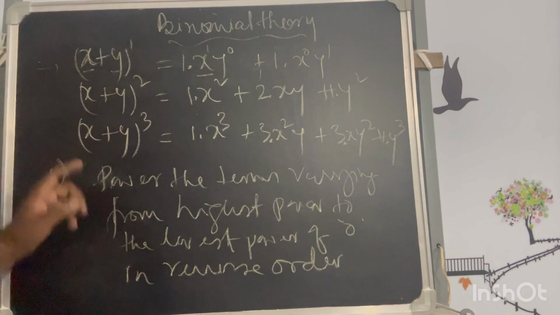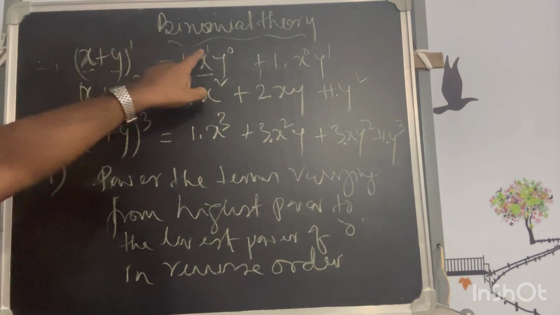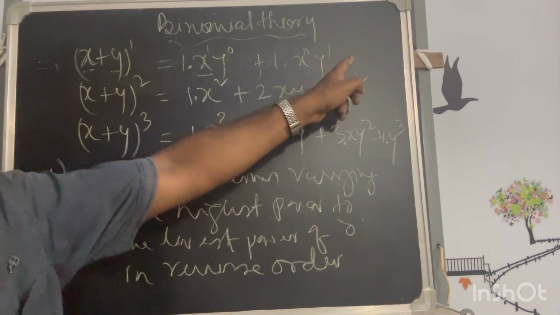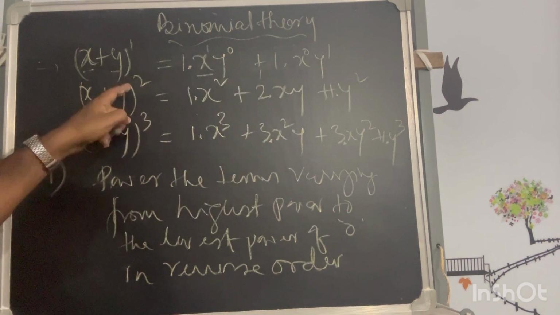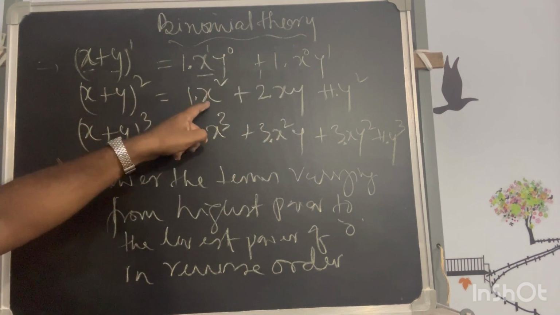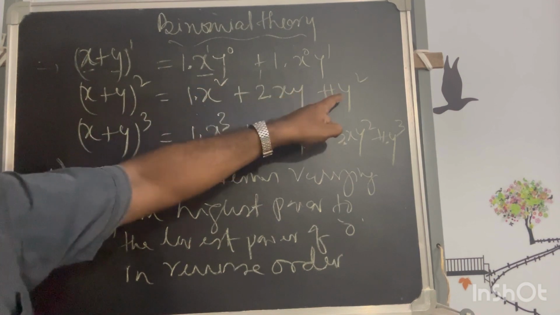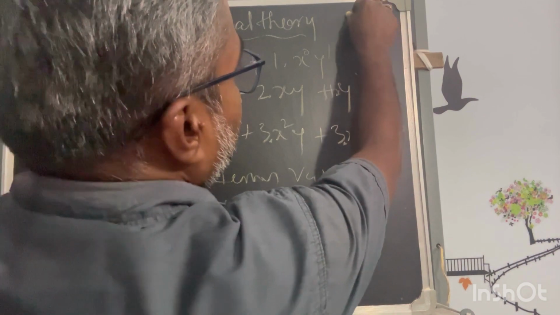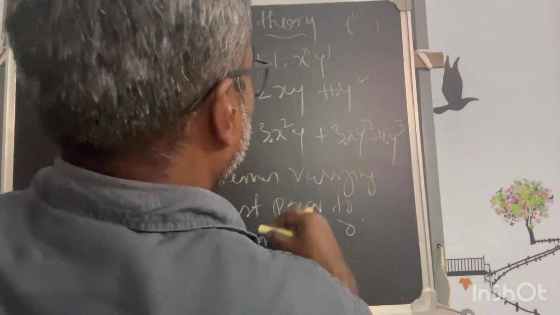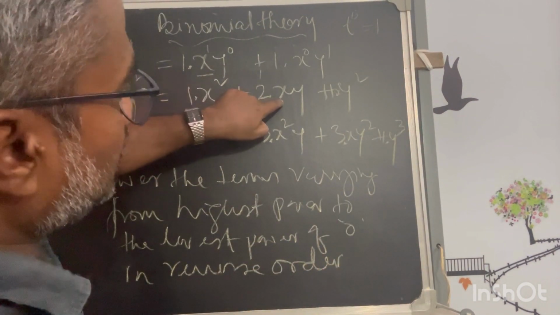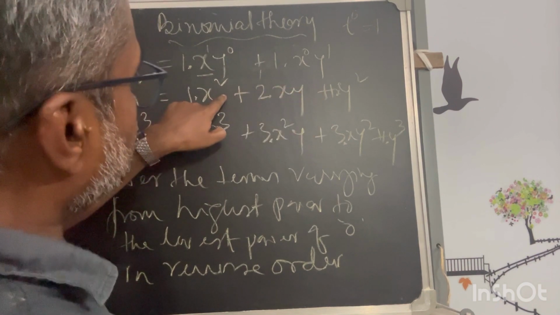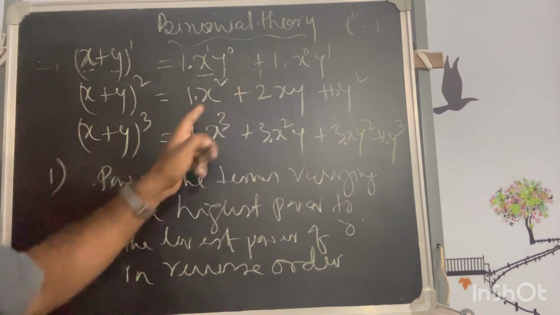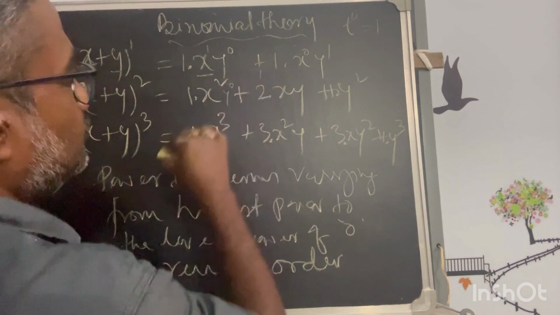So that means if the first term varies from 1 to 0, the second term will vary from 0 to 1. In this case also, for x plus y whole square, the first term varies from 2, 1, 0, and this can be said as x to the power 0. Anything to the power 0 is 1, you know. So 2, 1, 0 and 0, 1, 2, because y you can assume is y to the power 0.